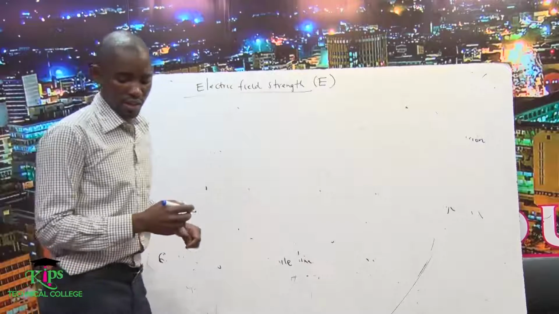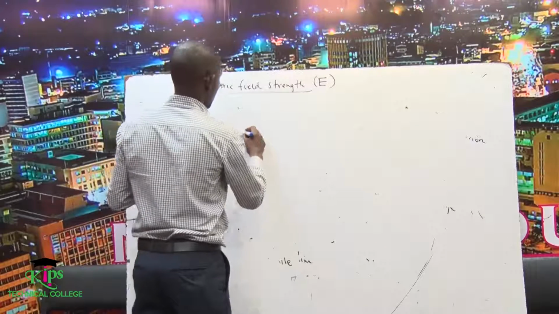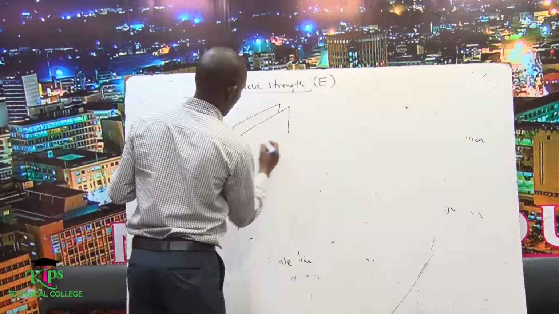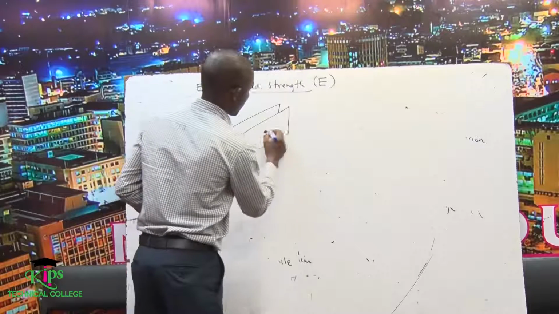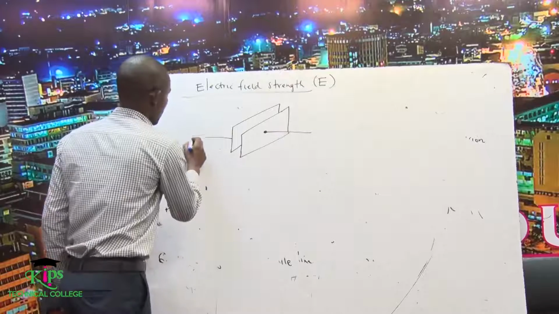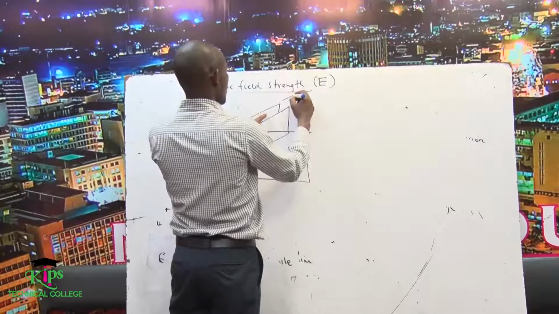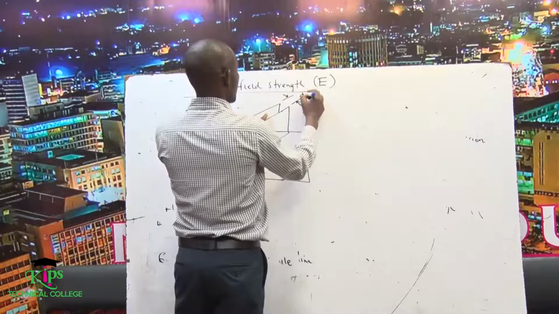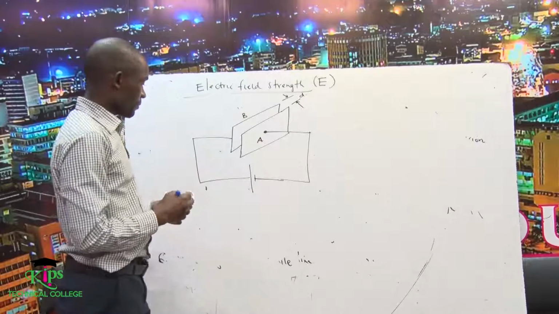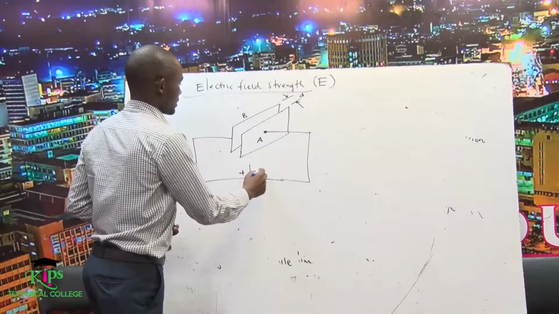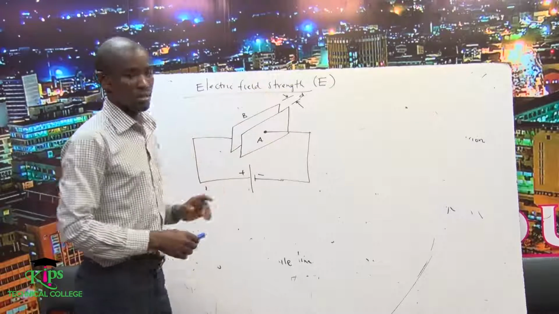We can draw a figure that will illustrate that. If you have two plates like that, then you connect them to some voltage source, and let us say the distance between the two plates is D. D is the separation distance between plate A and plate B. Plate B is connected to the positive terminal, plate A is connected to the negative terminal, and the space between A and B is occupied by air.